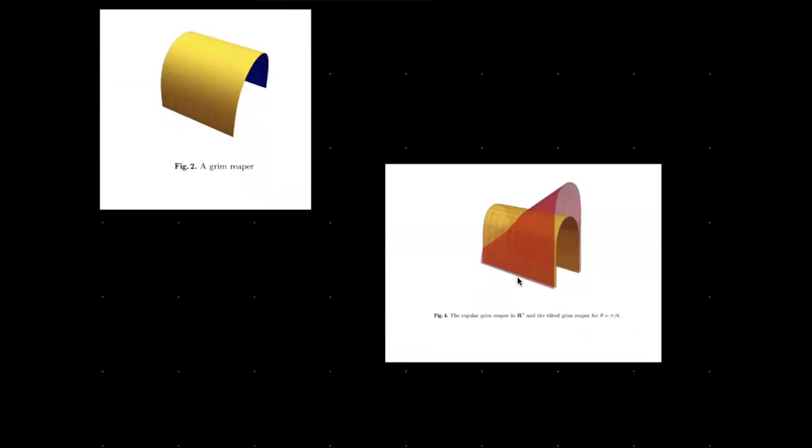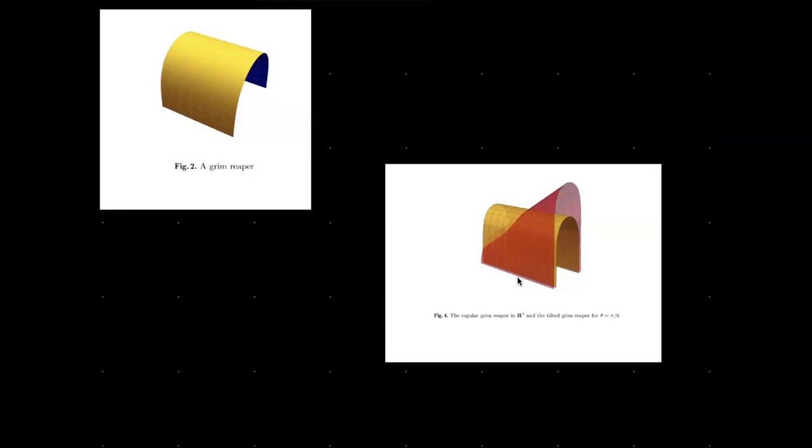And this also has an explicit parametrization that I don't want to show you now, but you can explicitly say what it is. And these were the examples that people knew, because the first one was kind of direct, the second one is less direct, but not so hard to construct.